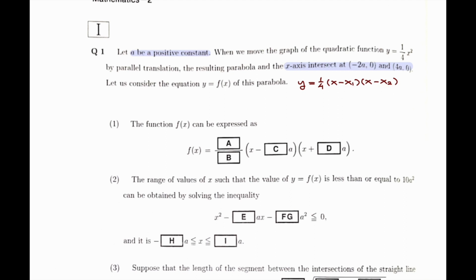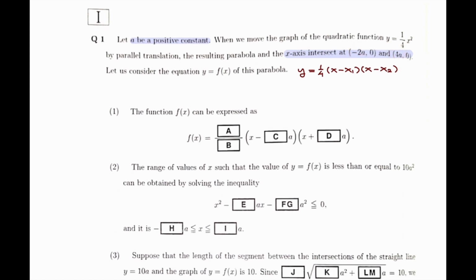If I want to find the x-intercept, I can equate this equation to 0, and I will obtain x equals x1 and x equals x2. This is my x-intercept, which is negative 2a and 4a.